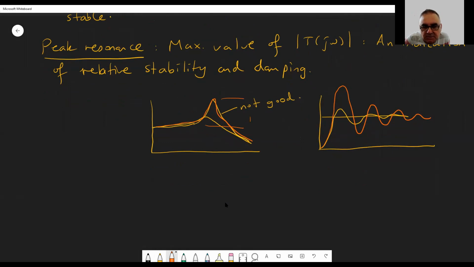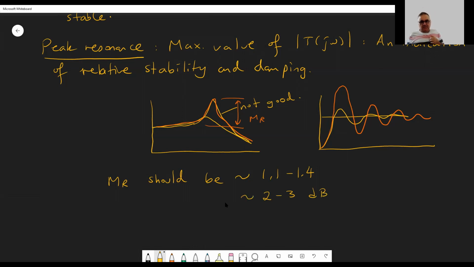MR should be around 1.1 to 1.4, or 2 to 3 dBs at most. You should not have too much of peak resonance in the closed loop control system.